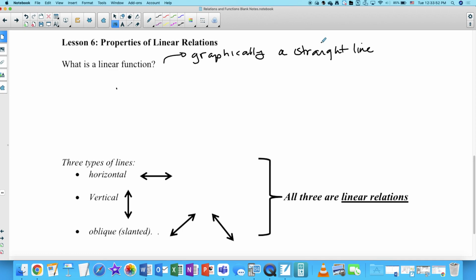Yes, that's almost exactly the definition of a linear function. So what Olivia just said was it goes up or down by the same amount each time. I'm going to refine that a little bit. A linear function is a function in which a constant change in the independent variable results in a constant change in the dependent variable.